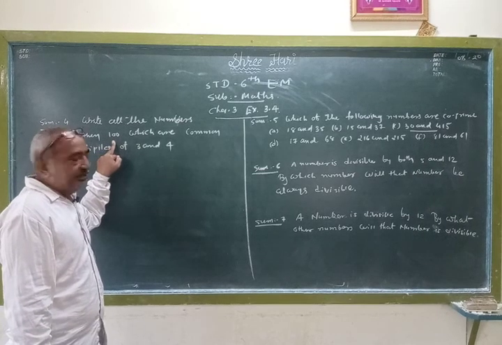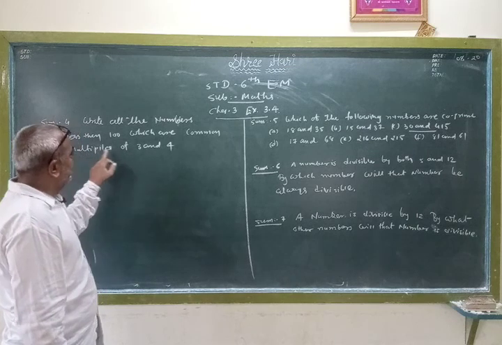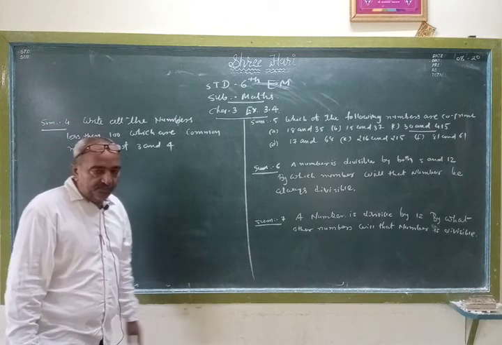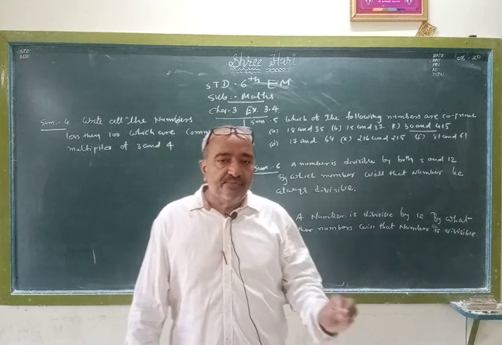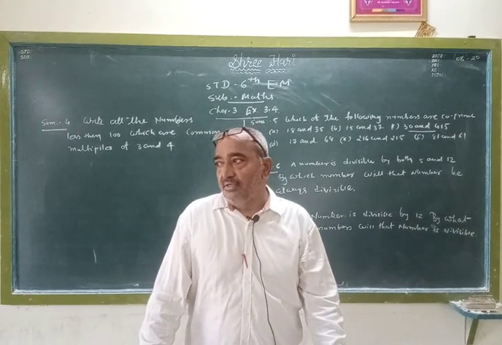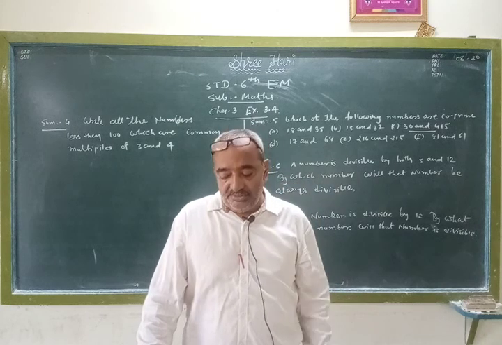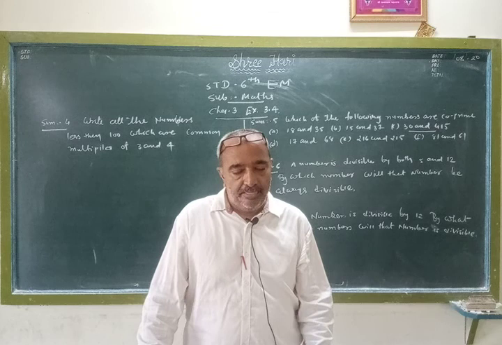The condition is less than 100, which are common multiples of 3 and 4. So friends, how can we find the common multiples of 3 and 4, but our condition is less than 100?